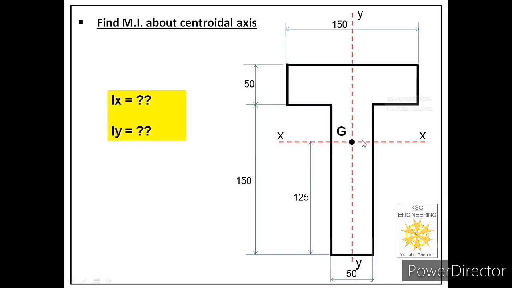We know that if axes are drawn from the centroid of an area, those axes are called centroidal axes. So in this problem, we have to find the moment of inertia of this composite area about these two centroidal axes. That means we have to find Ixx and Iyy.